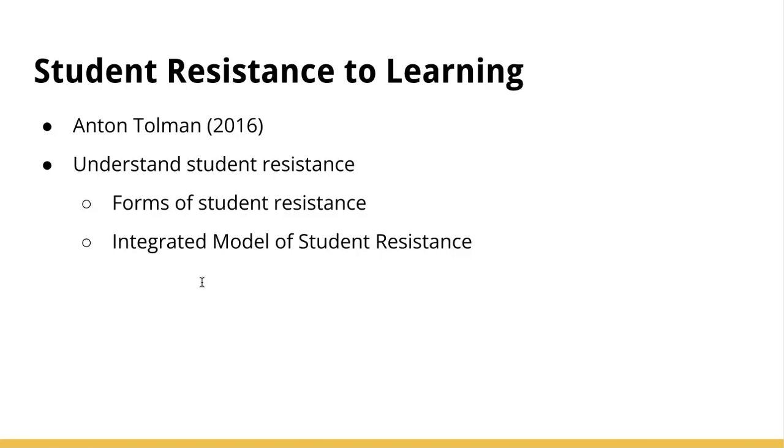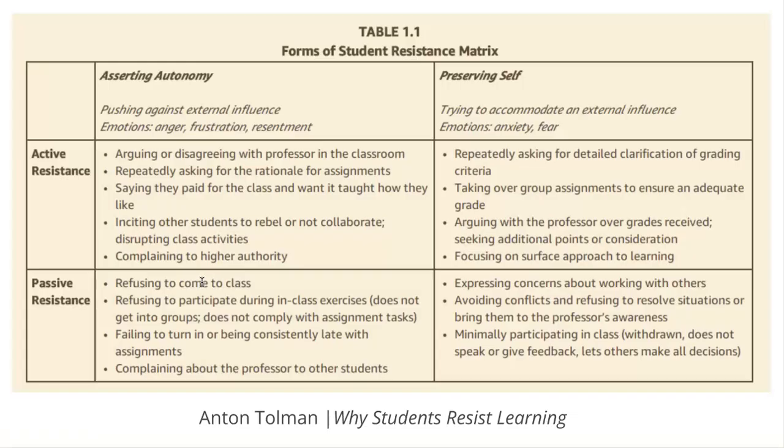And he has this integrated model of what makes student resistance happen. So here's his matrix of kinds of student resistance. This was interesting to me specifically because I hadn't thought about different kinds of resistance we might encounter, but really what the student is trying to do when they're resisting in these different ways.